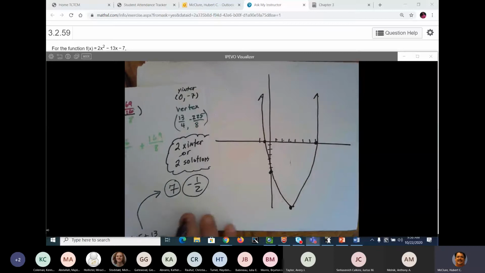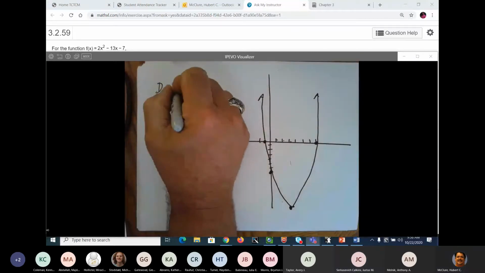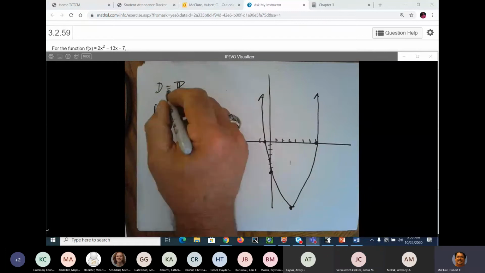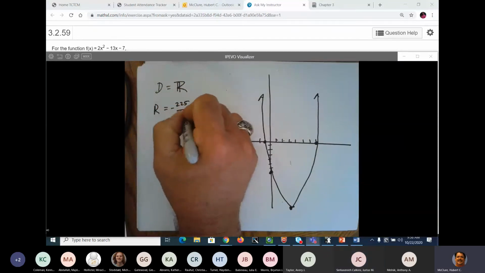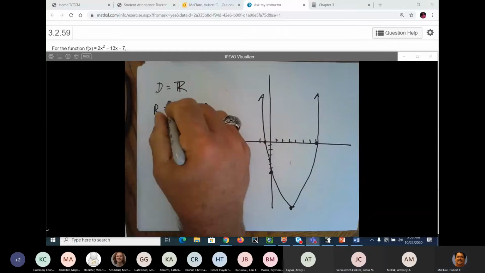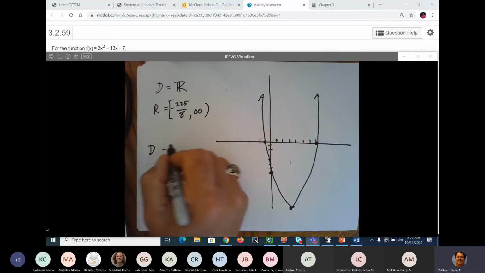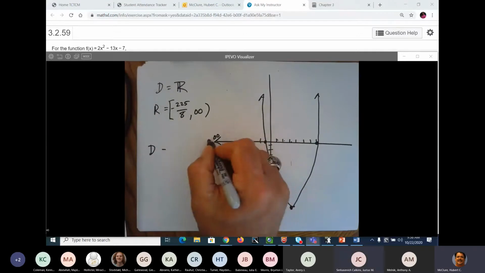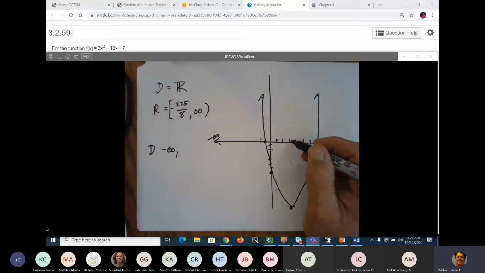And the domain is all real numbers. Range is negative 225 over 8 to infinity. Decreasing from negative infinity to 3 1/4, which is what, 13 fourths.